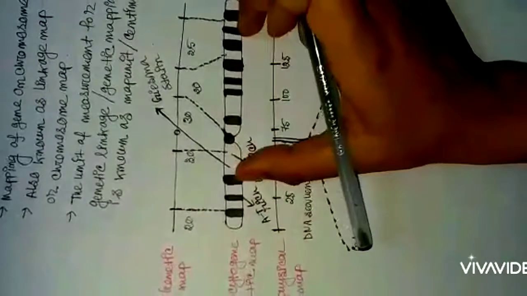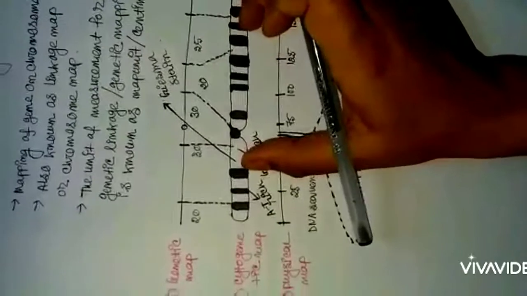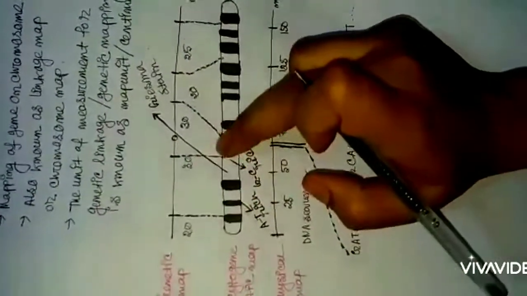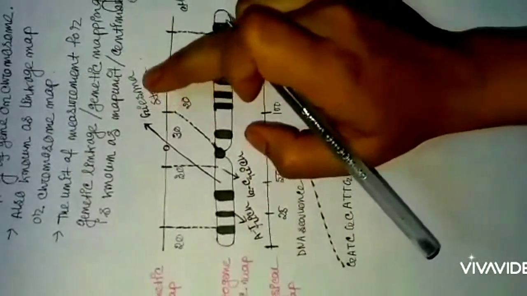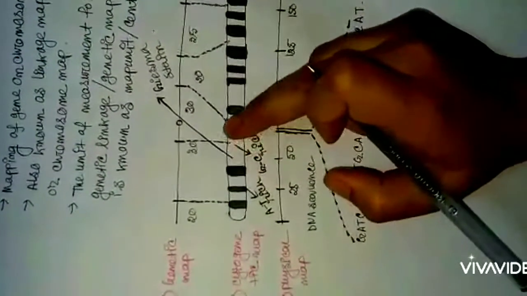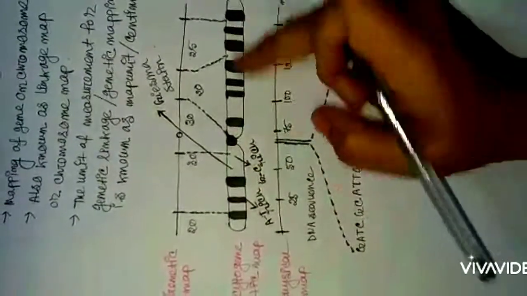As you can see, it is just the visual appearance of the chromosome. And for the visual appearance of the chromosome, we have to stain the chromosome, and the stain name is Giemsa stain, okay. And here you can see some light bands and dark bands appearing on the chromosome.